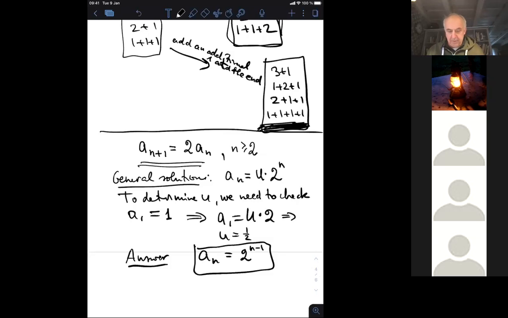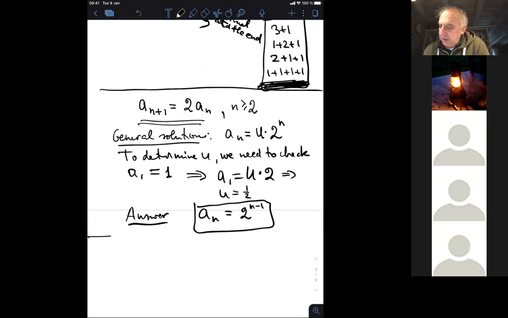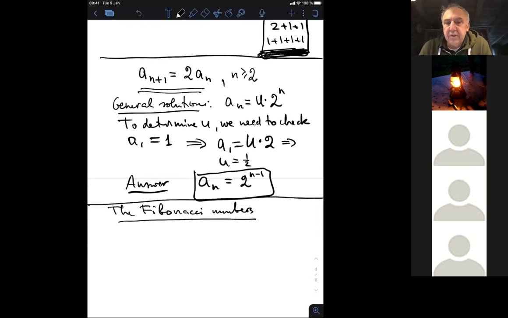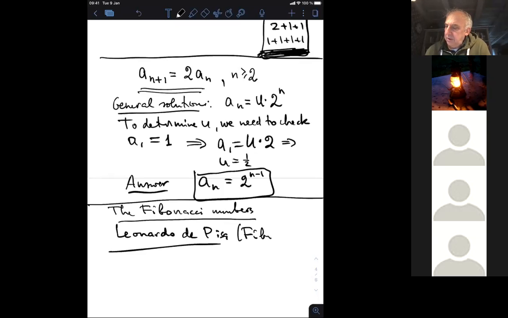Another classical example. Before I move further, I want to state another classical example, the Fibonacci numbers. They were first introduced by Leonardo de Pisa, who was also called Fibonacci, as early as the 11th century.